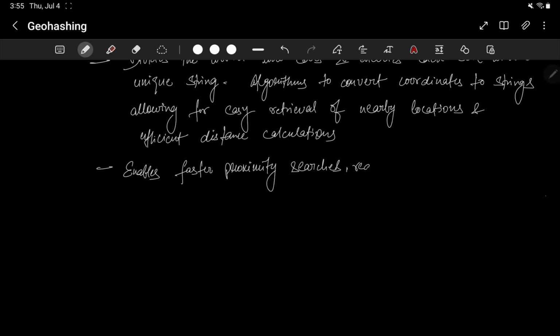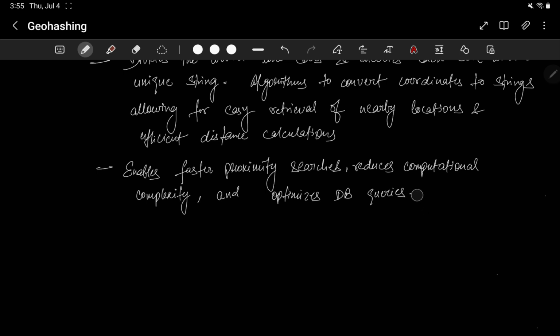It also reduces computational complexity and optimizes database queries, right? So these are the things which are provided by geohashing to us.